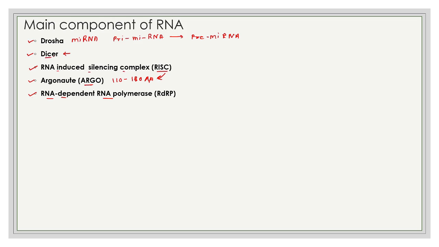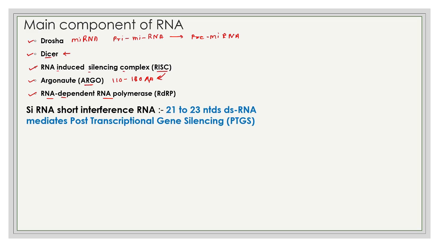Now we have seen the first type of double-stranded RNA in RNA interference technology, that is small interfering RNA, or siRNA. siRNA is a 21 to 23 nucleotide double-stranded RNA that mediates post-transcriptional gene silencing, that is PTGS. siRNA is produced inside a cell, in vivo, by cleavage of double-stranded RNA.